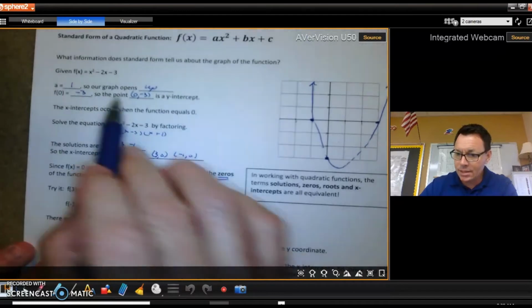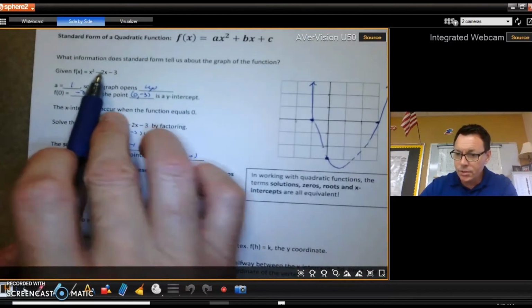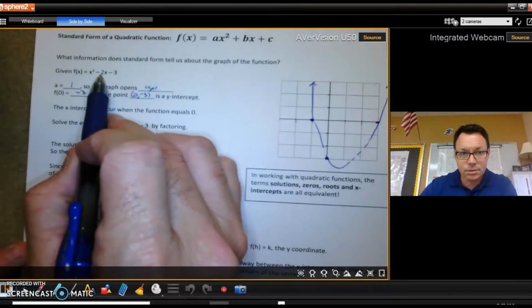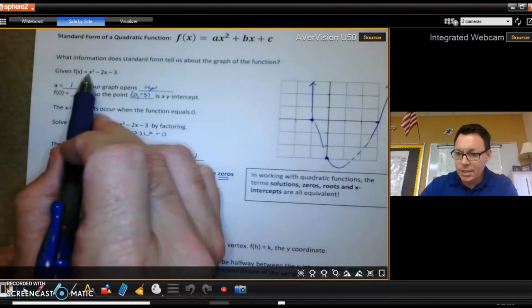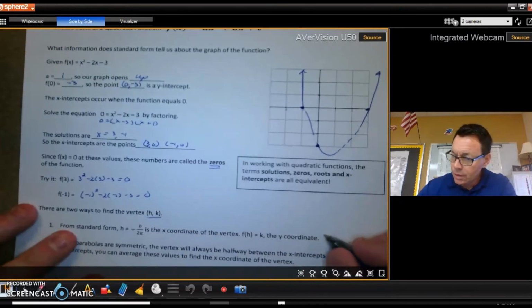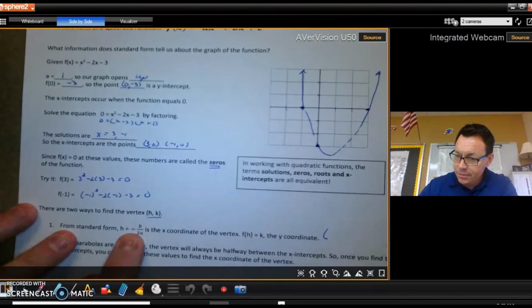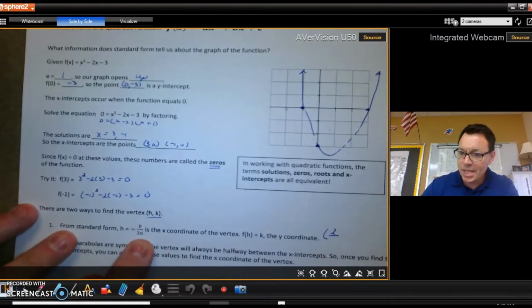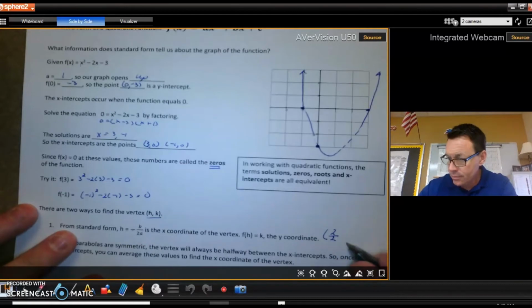So that's this right here. So negative b, so that's our b, and then our a is the number in front of the x squared right there. Okay? So negative negative 2 would be 2 over 2 times a, but a is 1, so it's just going to be 2 over 2. So our h value is just 1.